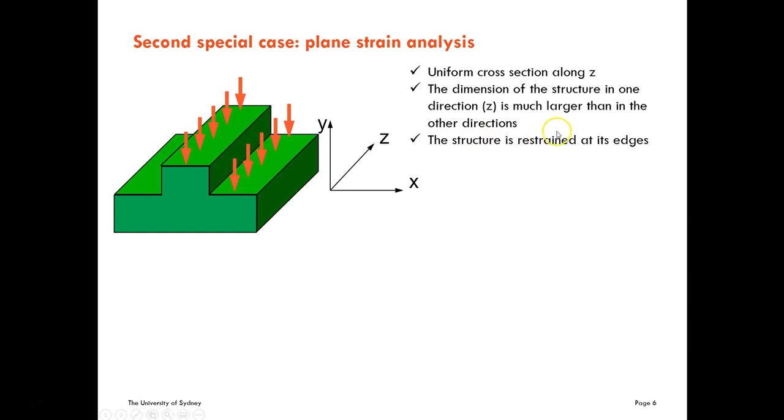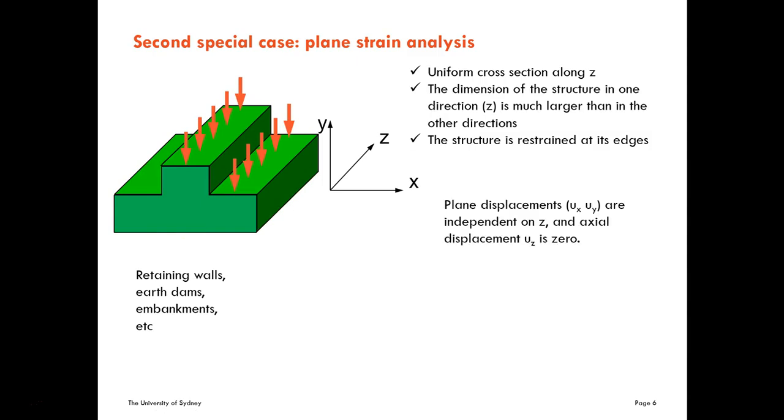But the most important part is that the structure is restrained at the edges. So there is some restraint here and a restraint at the other edge. So these two conditions indicate that there is no deformation along the z direction. So this appears in retaining walls, in earth dams, embankments, etc.